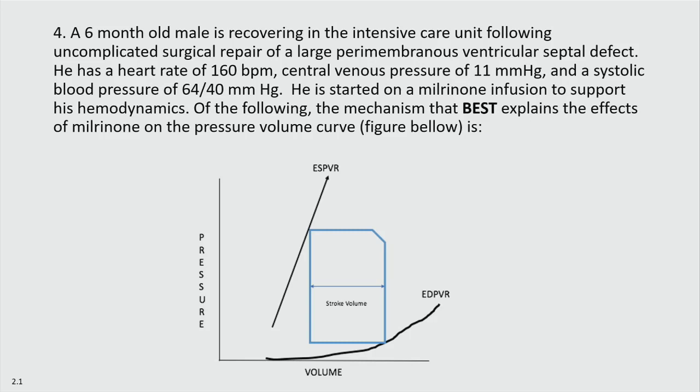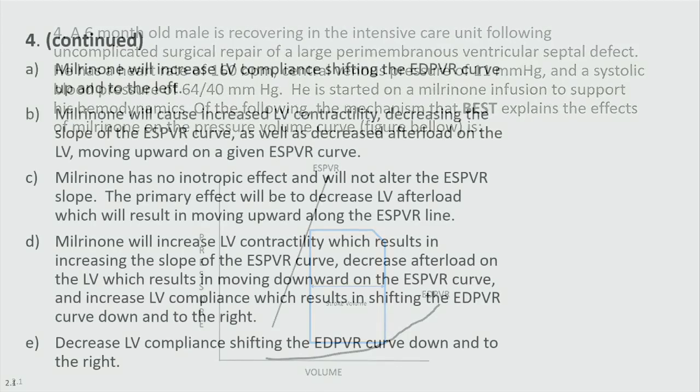Of the following, the mechanism that best explains the effects of milrinone on the pressure volume curve is... Right below is the pressure volume curve, showing the end diastolic pressure volume relationship and the end systolic pressure volume relationship. And the stroke volume is the zone marked inside the loop.